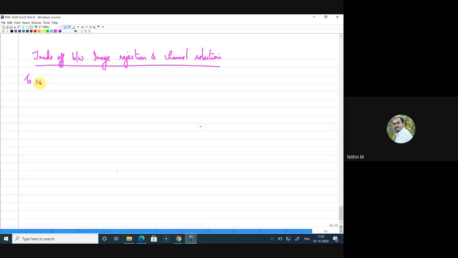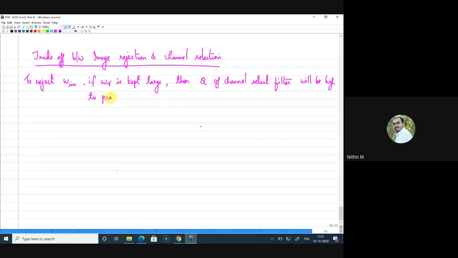This is a very important point to understand. To reject the image frequency, to reject omega im, if omega IF is kept large, then this will affect the channel select filter Q. The Q of the channel select filter will be high to practically achieve it.